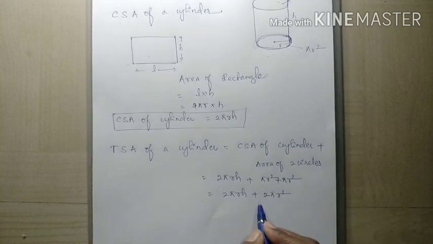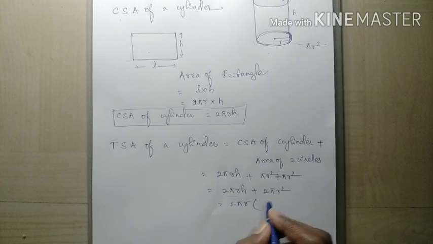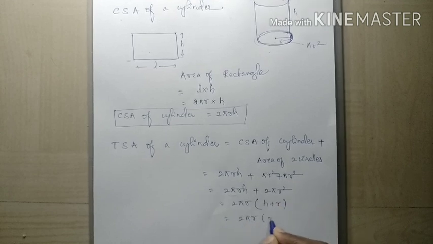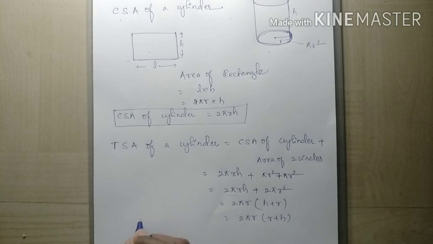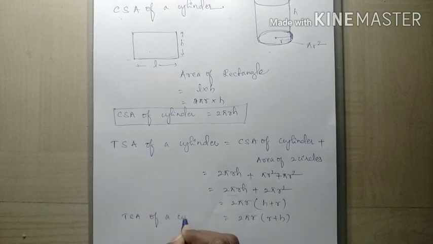Now 2 pi r we can take in common, and the remaining is h plus r. So that is 2 pi r into r plus h. So this is the total surface area of a cylinder.